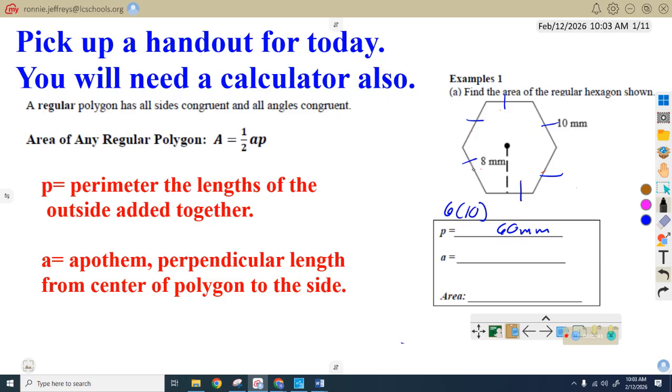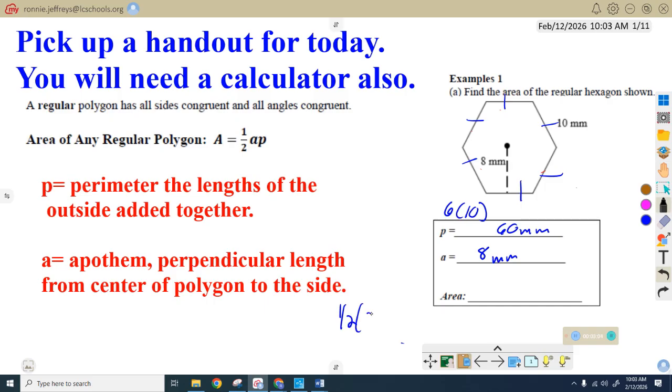Okay. Now, your apothem is just 8 millimeters. So, it's 1/2 times 8 times 60.